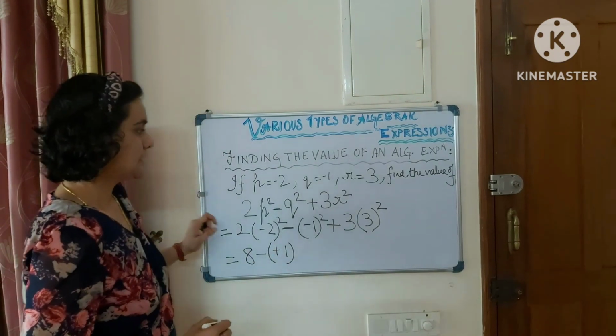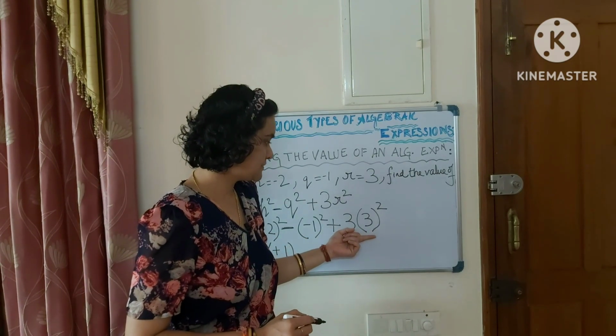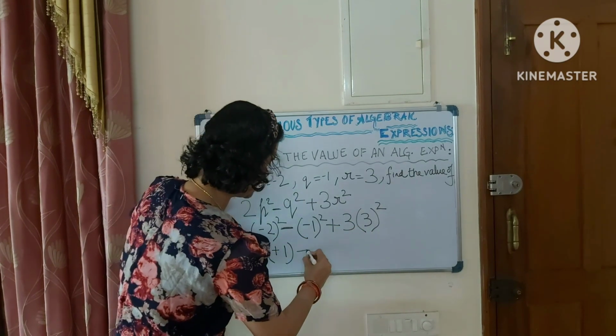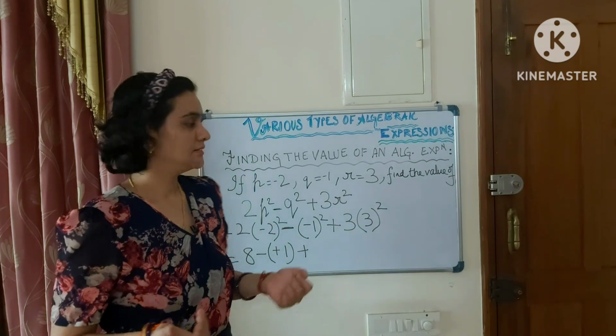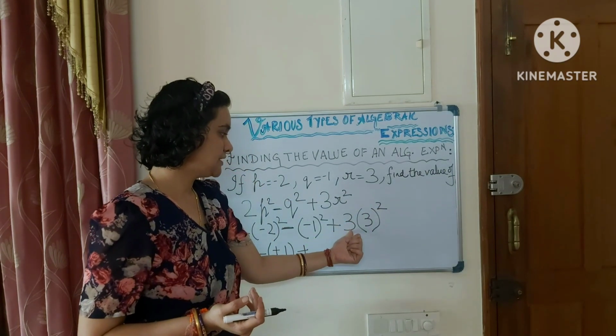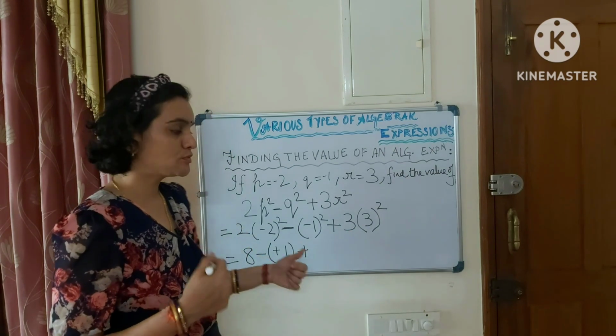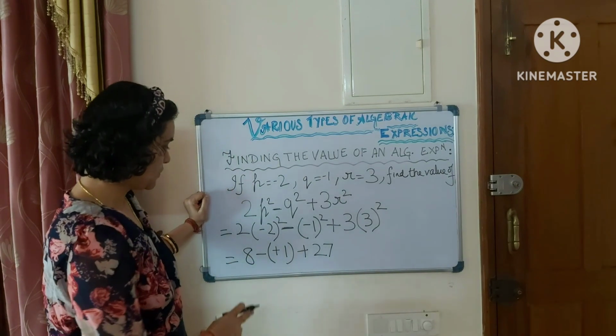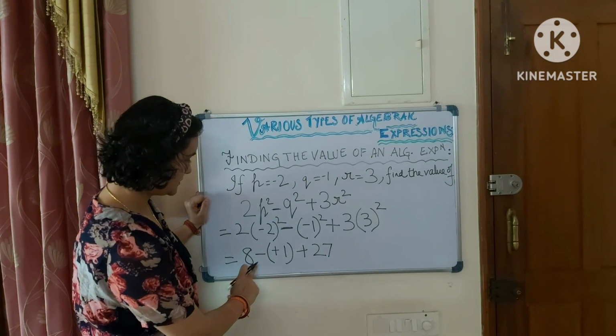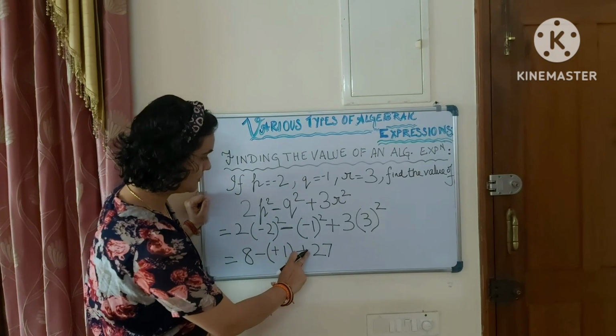Now I move to this particular expression. I put the plus sign first and then 3 square. 3 square means 9. 9 multiplied with this numerical coefficient 3 gives me 27. 9 threes are 27. So now what did I get? 8 minus within brackets +1 plus 27.